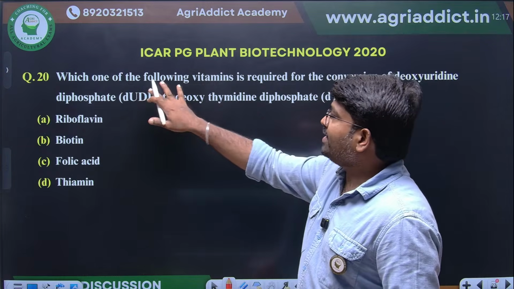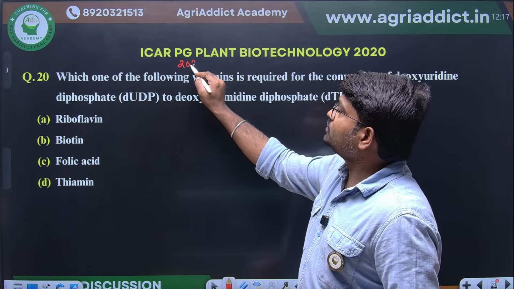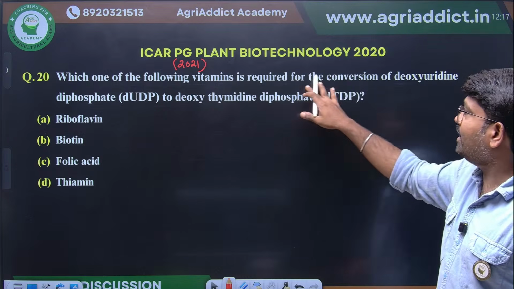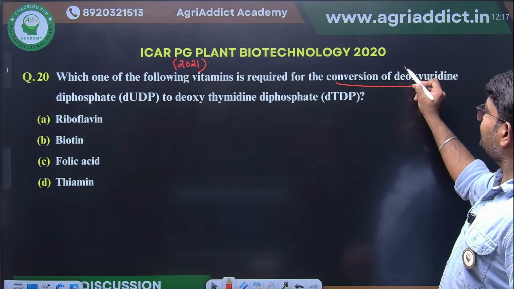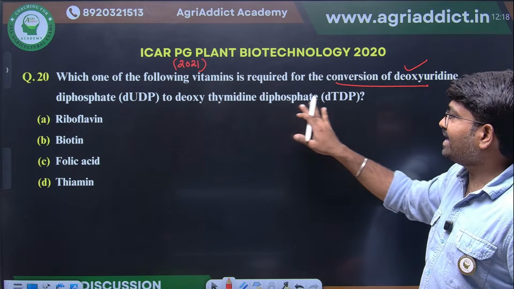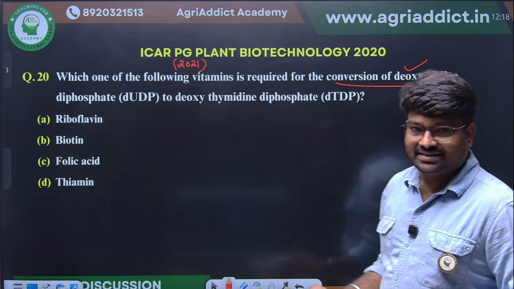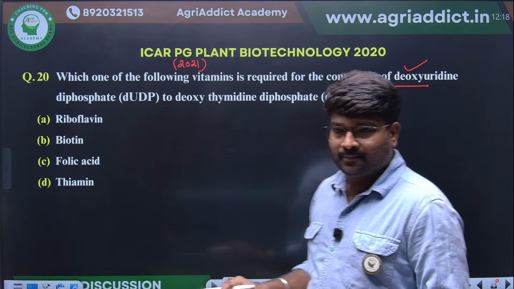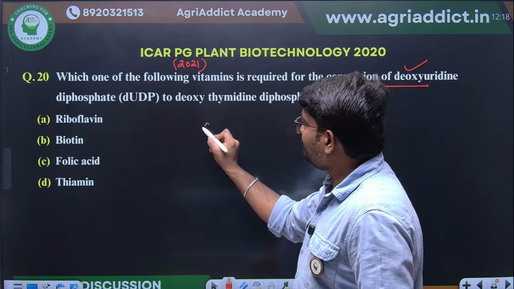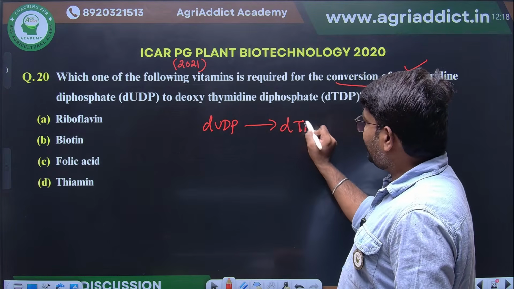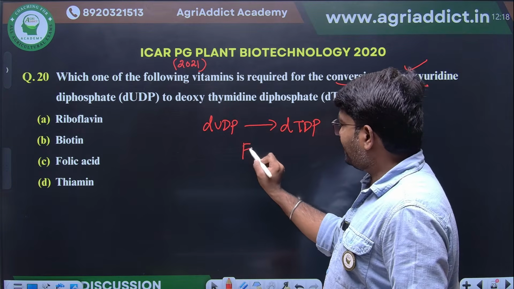Which of the following, they have asked this in 2021 also; we saw it yesterday. Which vitamin is required for conversion of deoxyuridine diphosphate to deoxythymidine diphosphate? What will be the answer? Yes, very good. For conversion of dUDP to dTDP, we need folate.